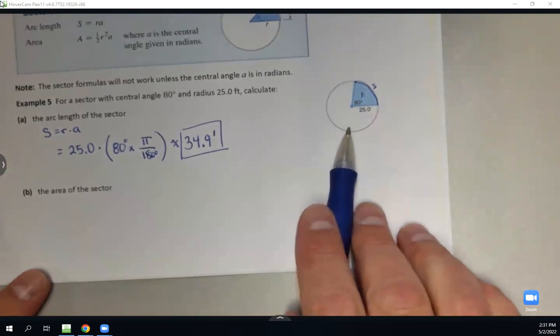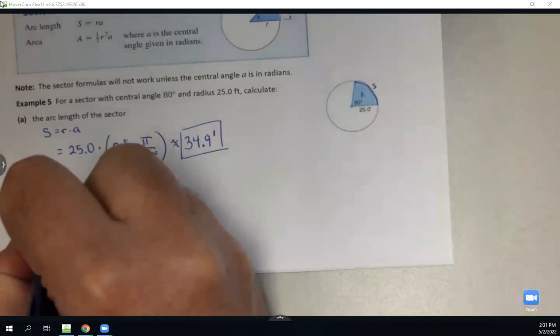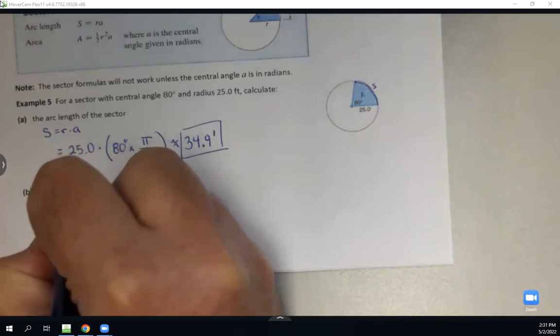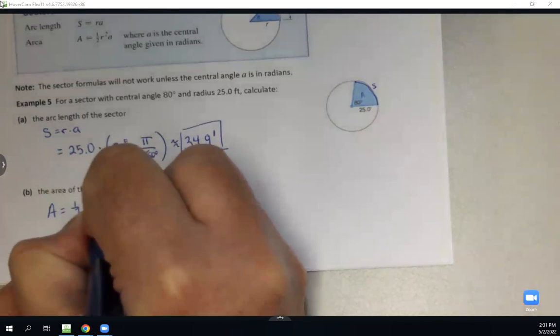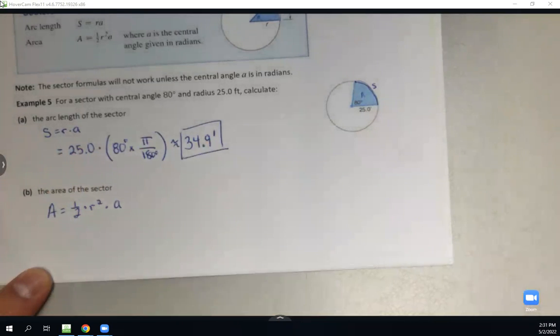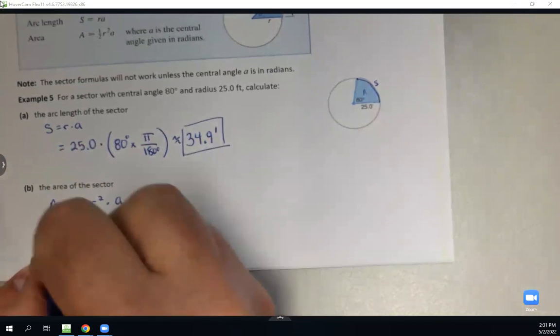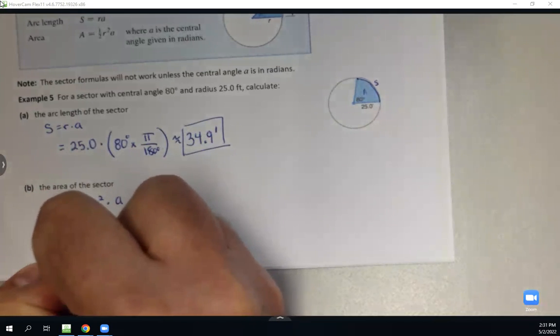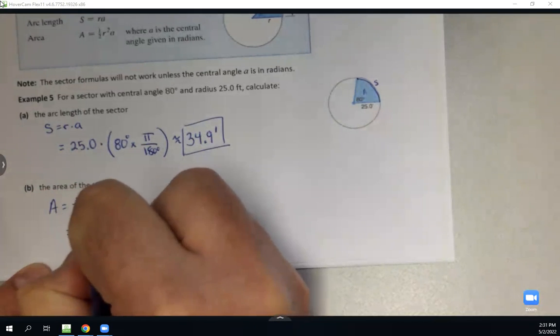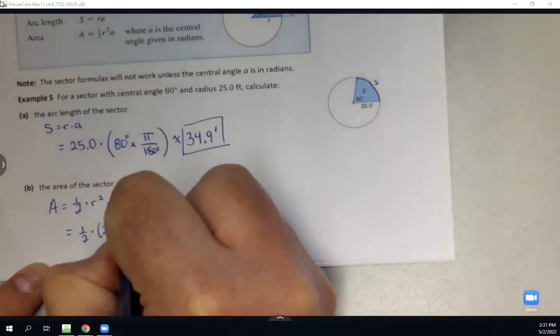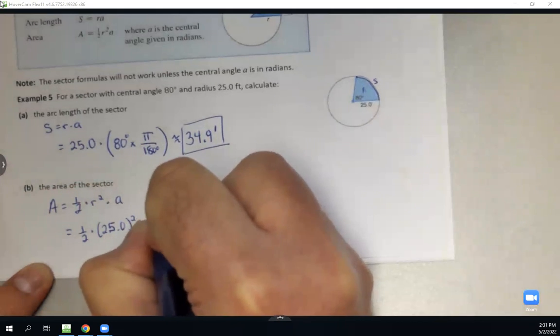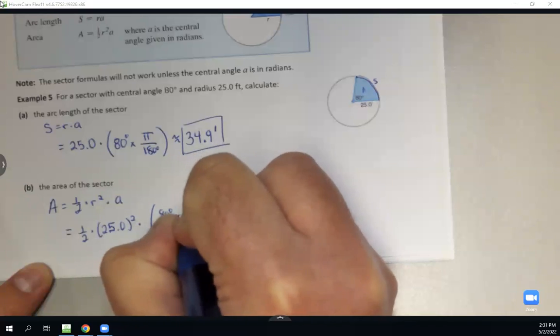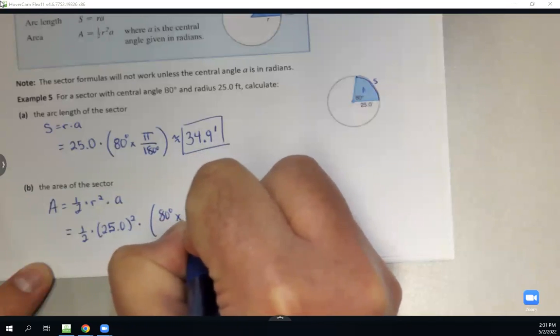The area of the sector is going to be 1/2 times the radius squared times the angle in radians. So that's going to be 1/2 times 25.0 squared times the 80 degrees times pi over 180 degrees.